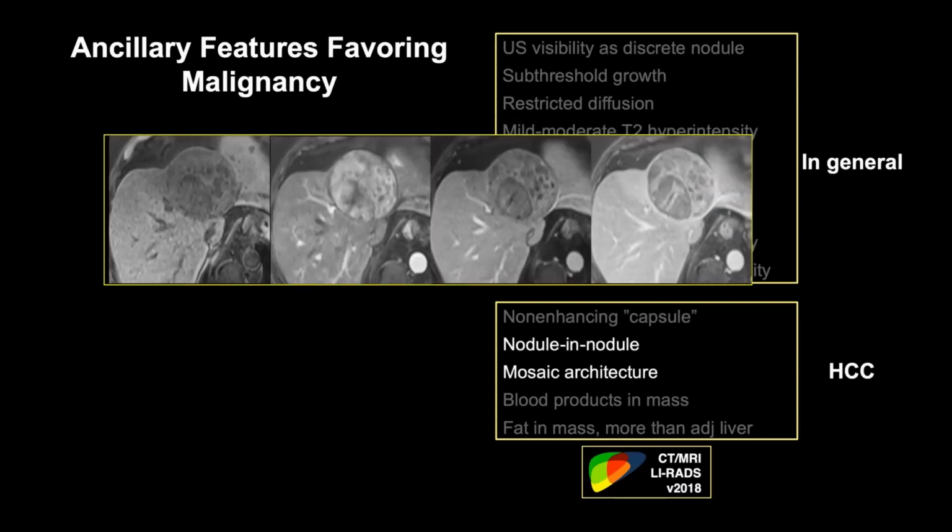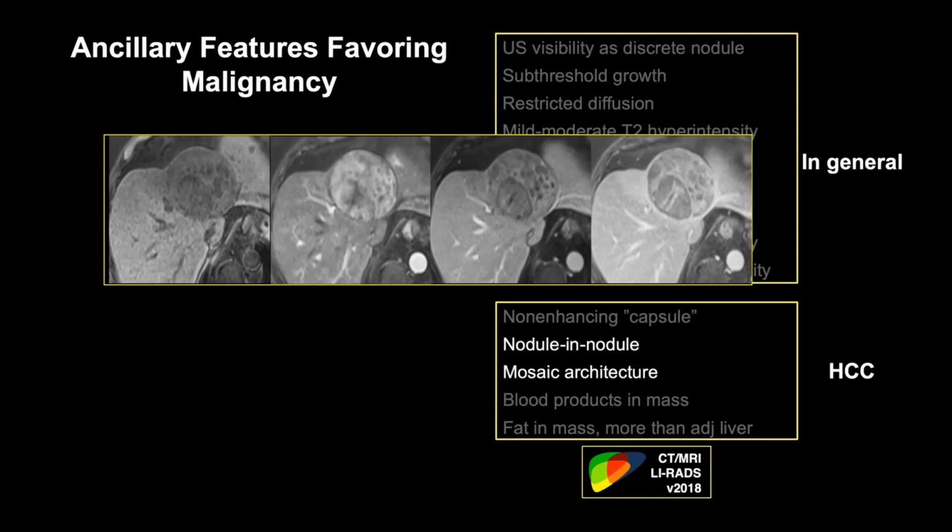The nodule-in-nodule and mosaic architecture share some of the imaging findings and are both features that are favoring of hepatocellular carcinoma in particular. It refers to the presence of a smaller inner nodule within a larger outer nodule. It is thought to reflect the development of a less differentiated inner nodule. Being less differentiated, the cells then have a survival advantage over the other cells.